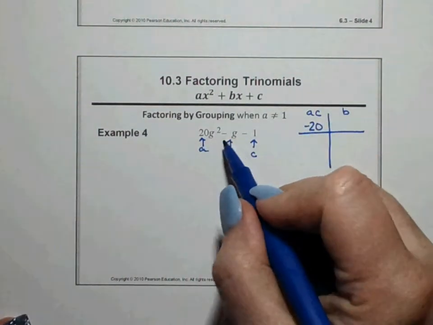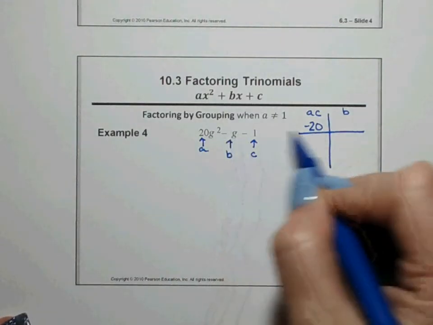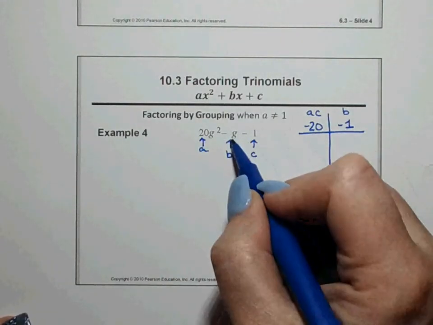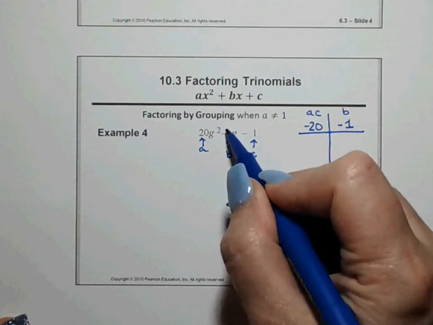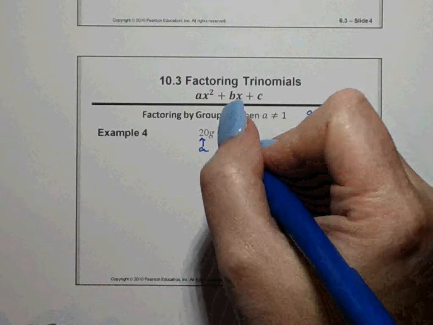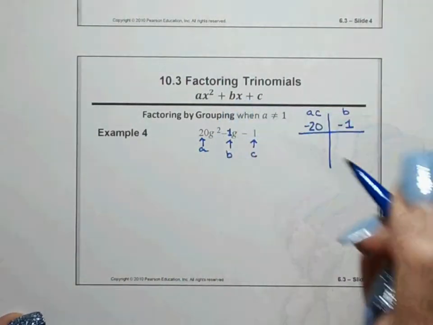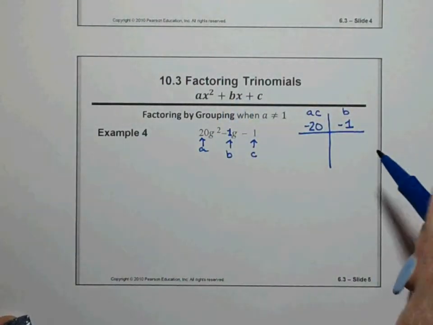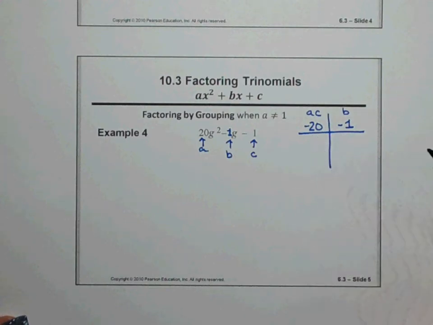And my B term is negative 1. So remember, when there's not a number out in front of the variable, that is an implied 1 there. Okay? So let's write out our factors of negative 20.